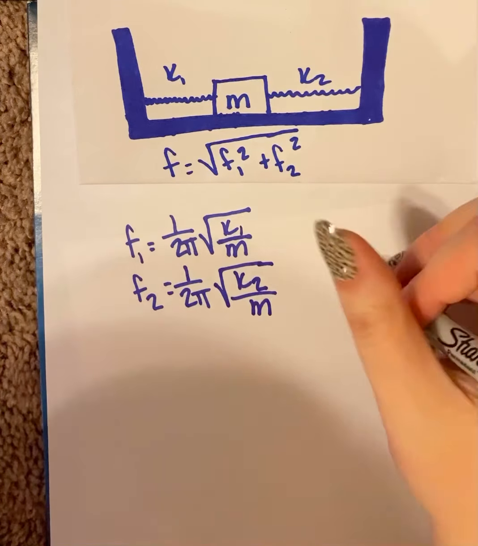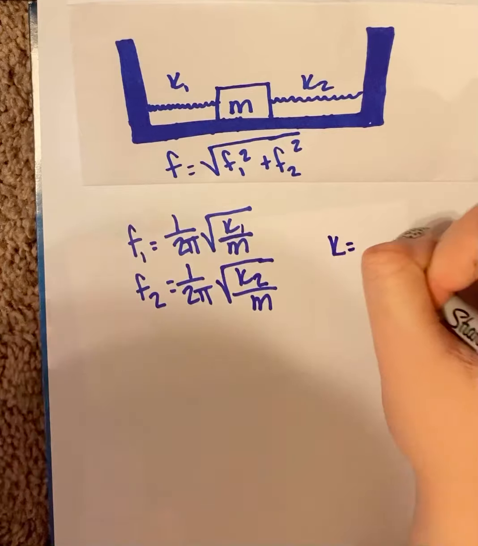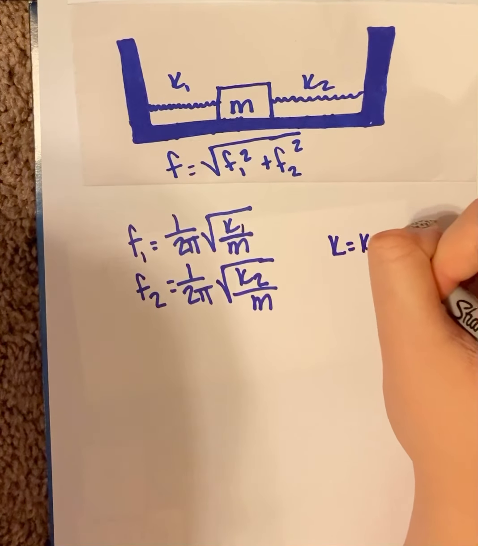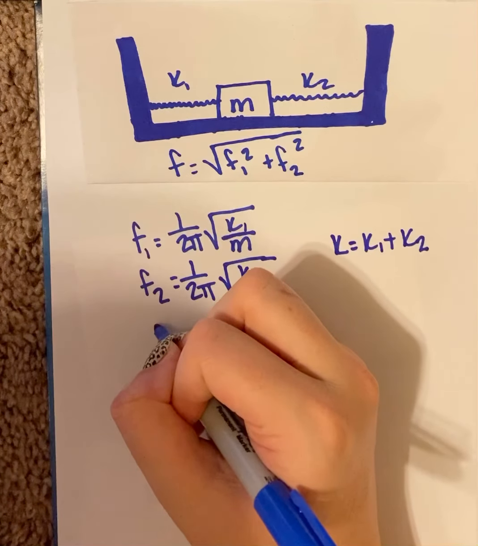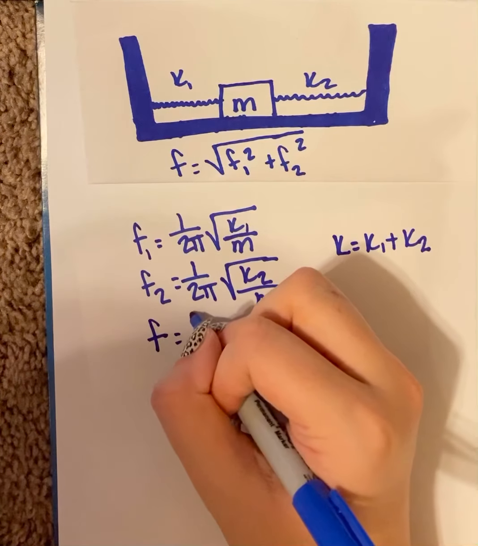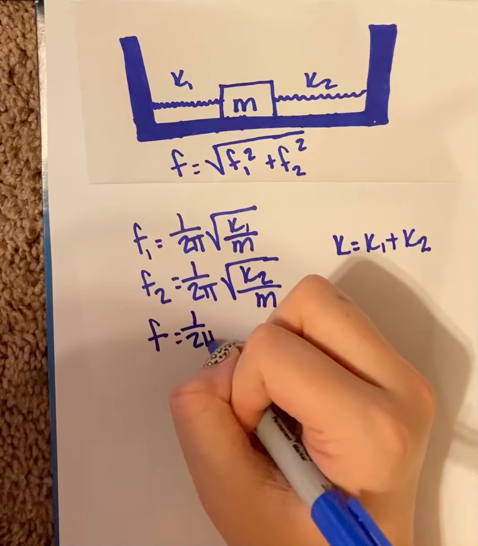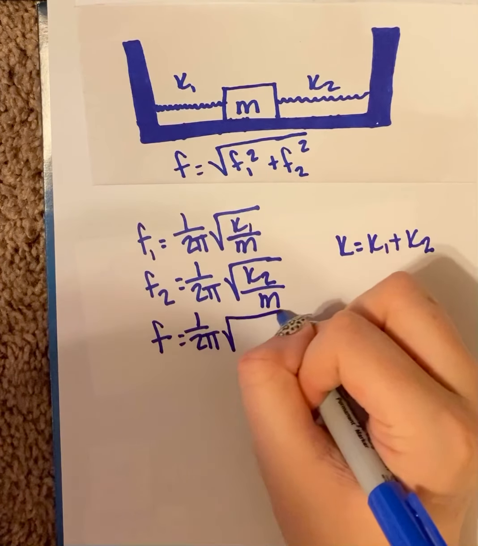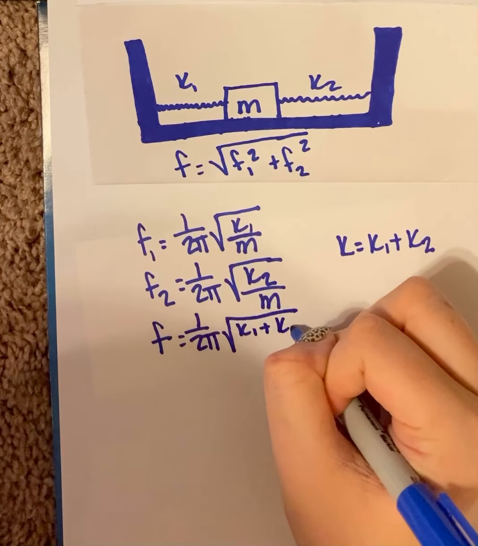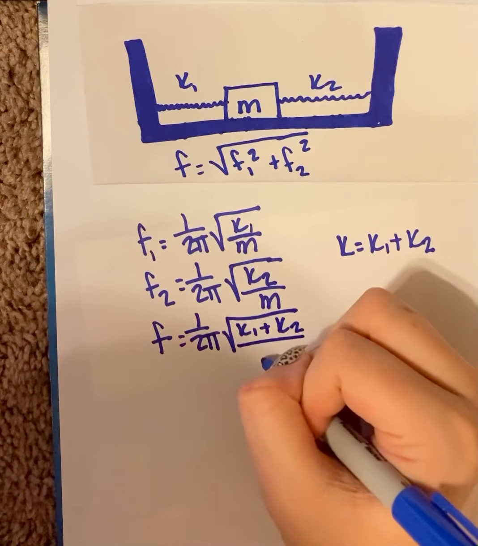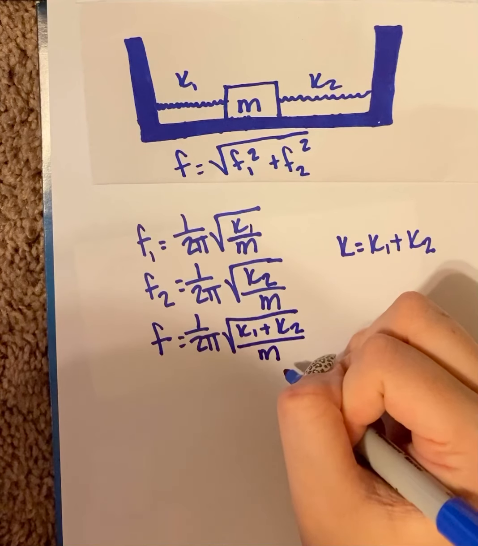And we can assume that k is equal to k1 plus k2. So therefore, we can derive the equation f is equal to 1 over 2 pi times the square root of k1 plus k2 over m.